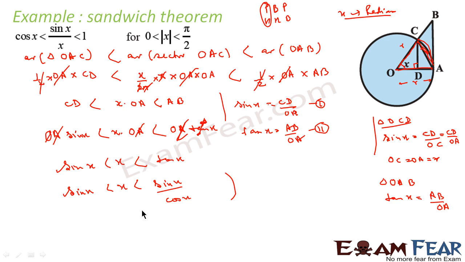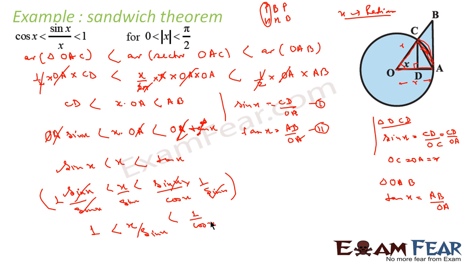Correct? So we'll divide the whole thing by sin x. So this becomes sin x by sin x, this becomes x by sin x, and this becomes 1 by cos x. The first one cancels and becomes 1. So what we get is 1 is less than x by sin x and is less than 1 by cos x.